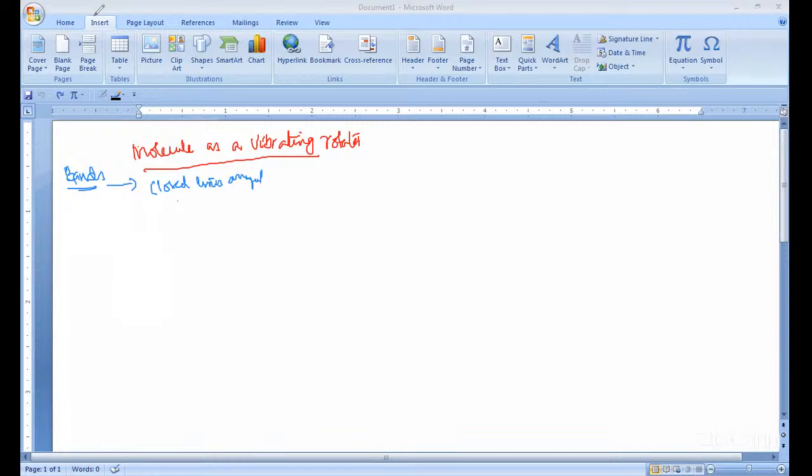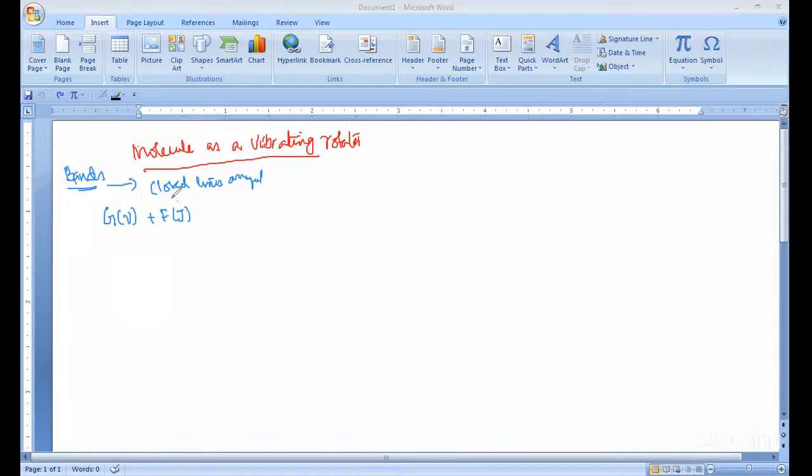That is the reason why we can write this as a combination of G nu, which we have already studied, and in addition F of J. The vibrating rotator is a combination of the terms of the anharmonic oscillator and the rigid rotator, G nu plus F J.